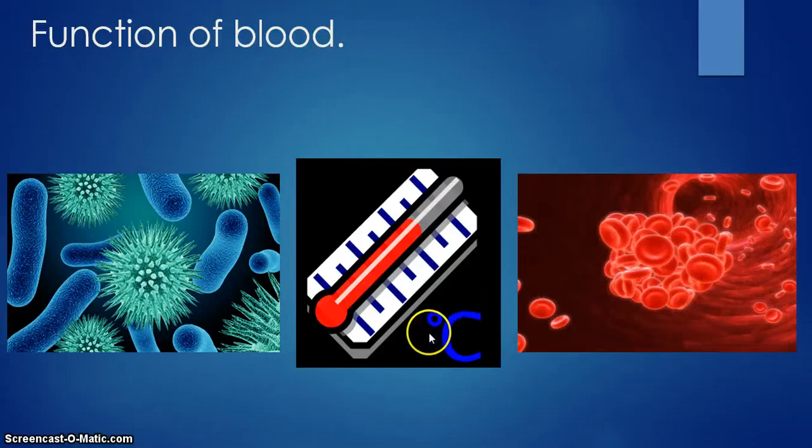So third is temperature regulation. Another one of blood's main functions is to regulate our body temperature. The blood distributes heat throughout the body. When the body temperature is very high, the hypothalamus, which is part of the brain, sends an impulse to the blood vessels of the skin to dilate.